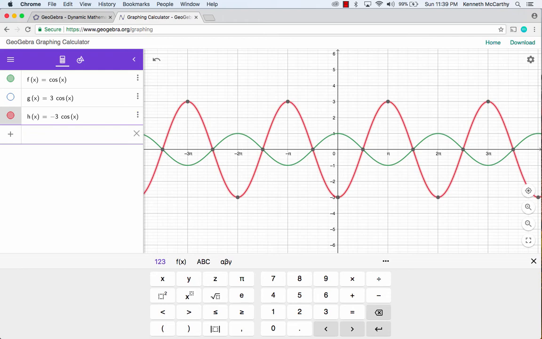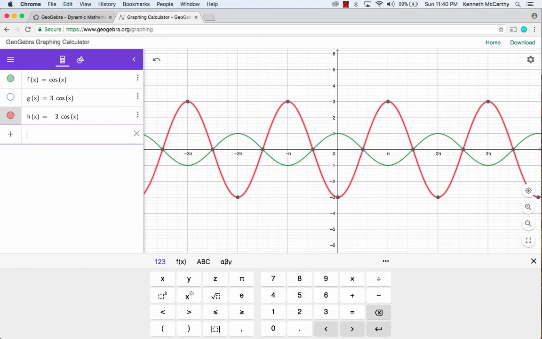It's sort of like when we did the table and we just negated the values. So at pi, the parent function's at -1. So we're multiplying -3 times -1 to get a +3 output. So the inputs are the same, but the outputs have changed by a factor of -3.